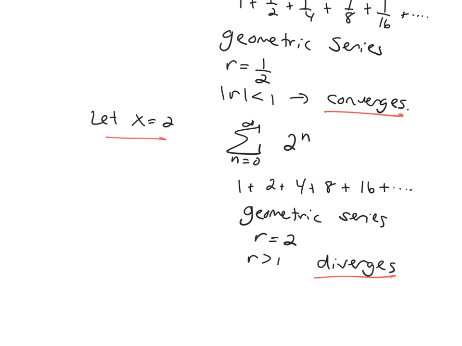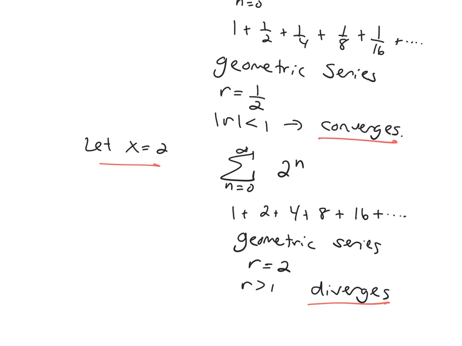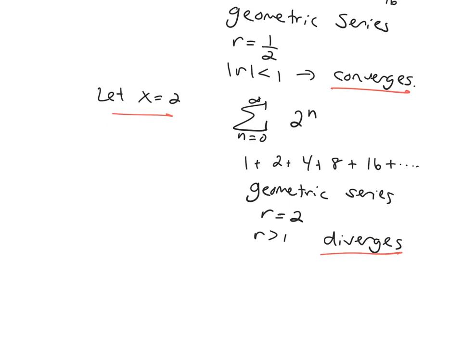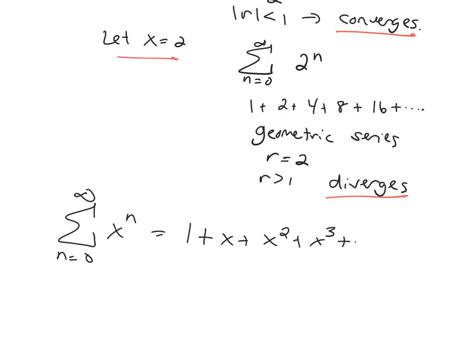But these share a commonality, right? In both cases, what types of series did I have? They were both geometric. So in general, if you look back at the series that we had at the beginning, which was x to the n, so this was 1 plus x plus x squared plus x cubed.